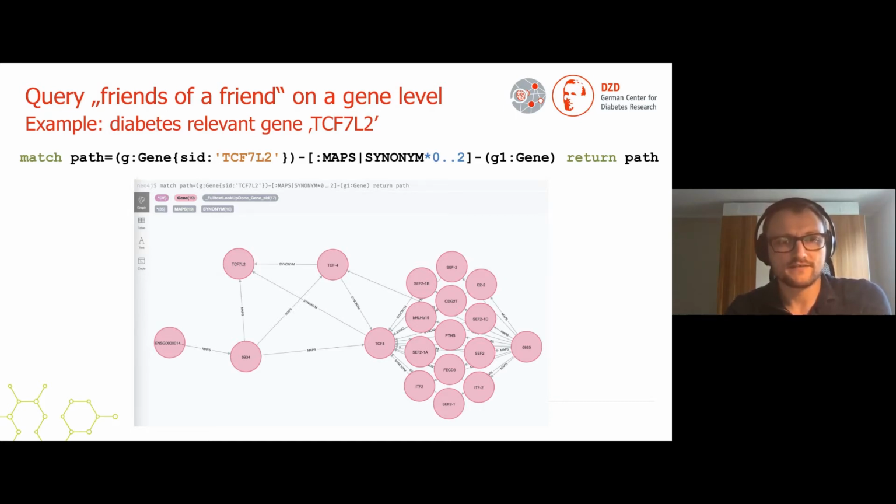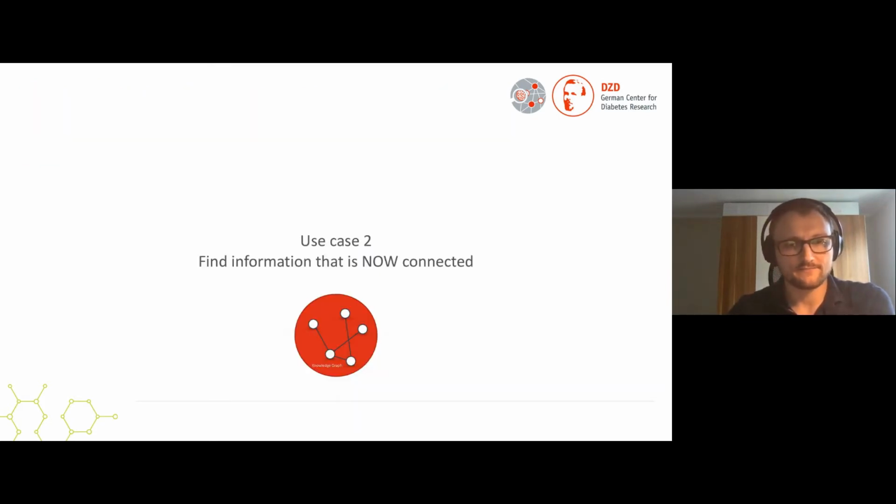For example, here, this diabetes relevant gene, TCF7L2. We can use a simple query as a one-line code. Here we are looking for a gene and also its mappings as well as the synonyms to another gene identifier. And you see here these roughly 15 nodes that are actually the same gene, but have different names and synonyms. So we can easily query that.